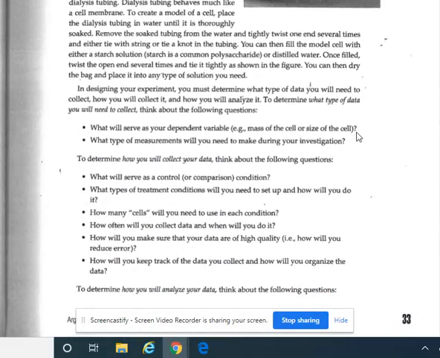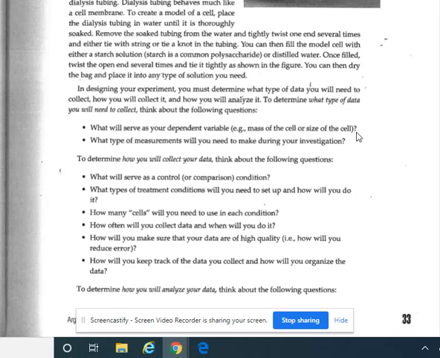In designing your experiment, you must determine what type of data you will need to collect, how you will collect it, and how you will analyze it. To determine what type of data you will need to collect, think about the following questions. What will serve as your dependent variable? Meaning, is it going to be the mass of the cell or the size of the cell? What are you going to measure?